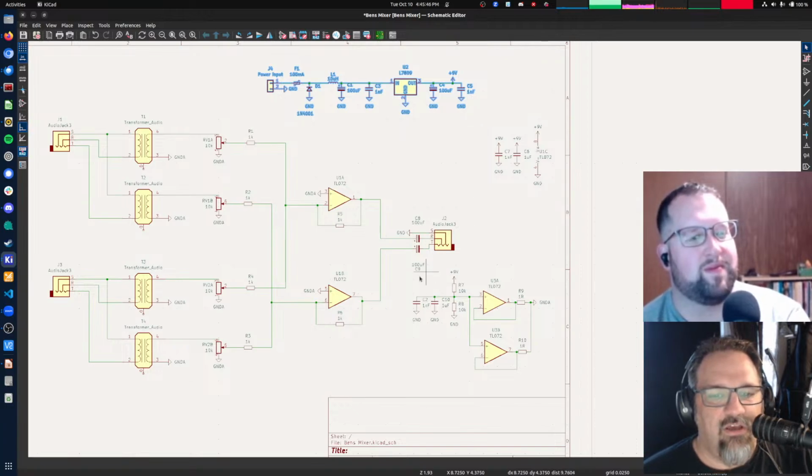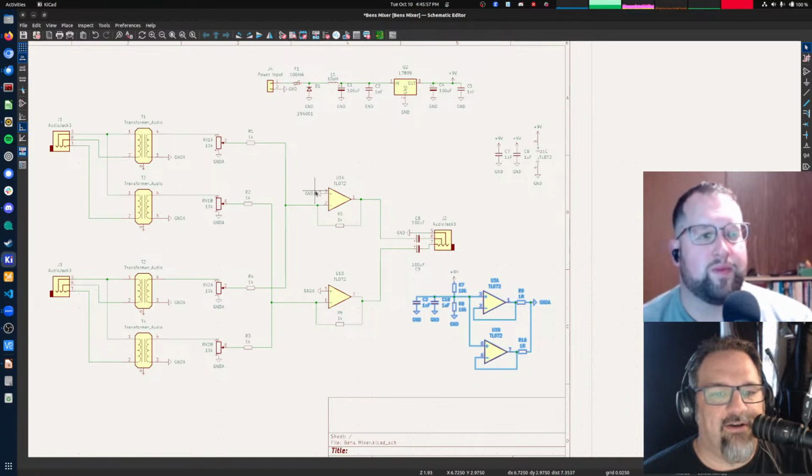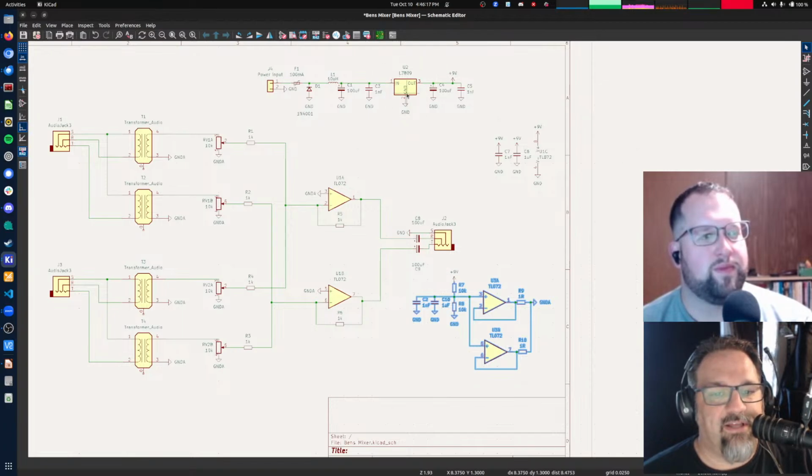We would be able to remove this entirely, because instead of having 9 volts, ground and analog ground, we would have positive 9 volts, ground and negative 9 volts out of our power supply. So we wouldn't need this to generate our third supply. We would get it all out of this power supply up here.